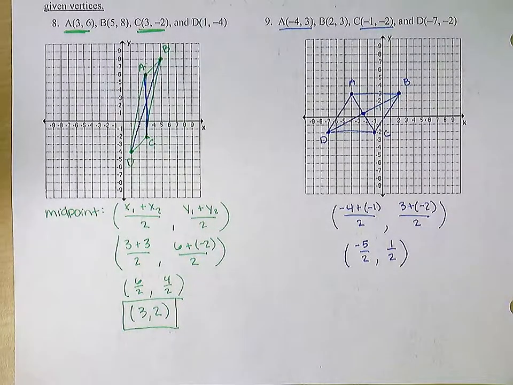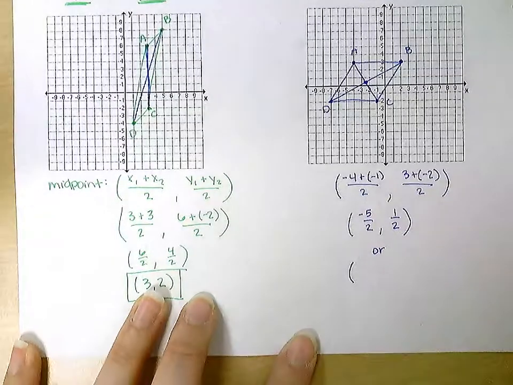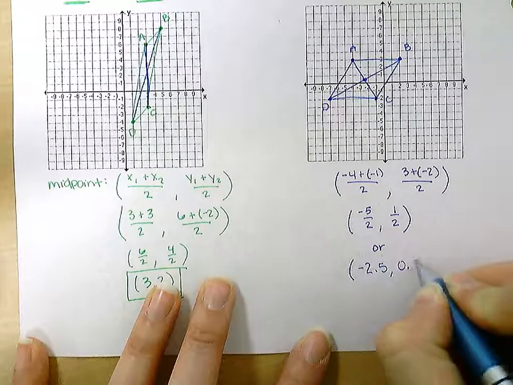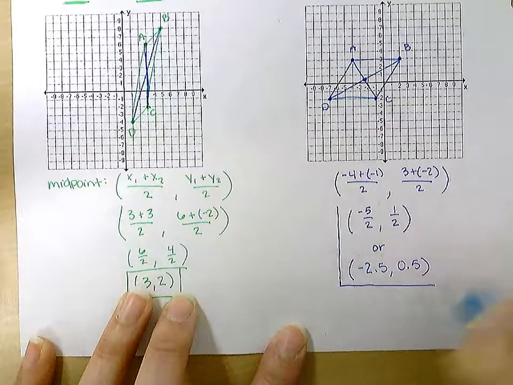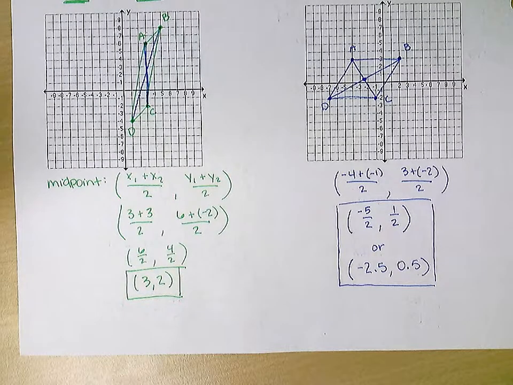You could just leave it in fractions like this, that would be fine, or you could put it into decimal form to get -2.5 and 0.5. Again, these problems are for you to understand that it is a midpoint where those diagonals intersect of each line. Any questions on your properties of parallelograms?